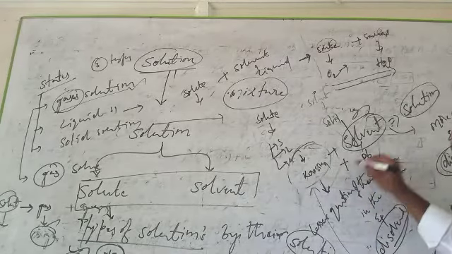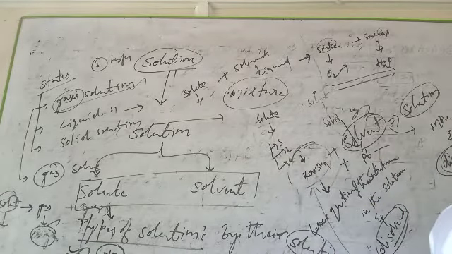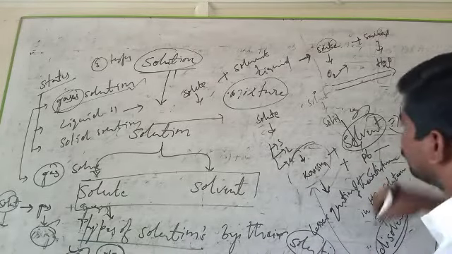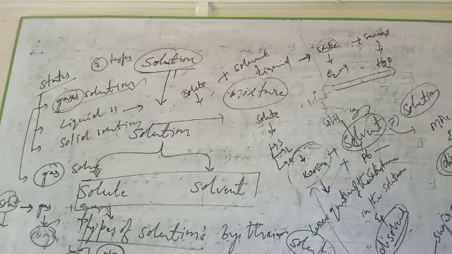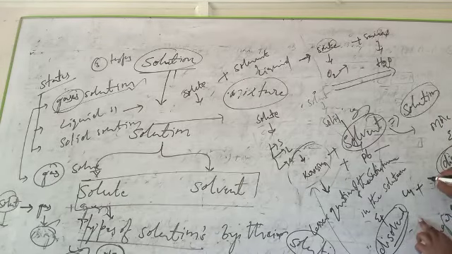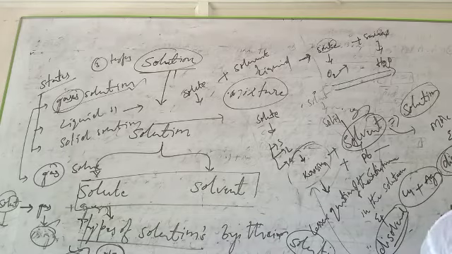Kerosene plus lead is a solid solution. Or we can take solid in solid: copper as the solute is mixed with gold to form gold ornaments. This is one type of solution.